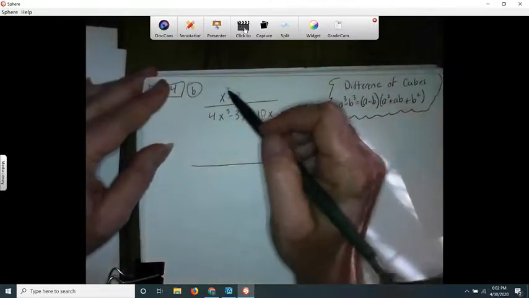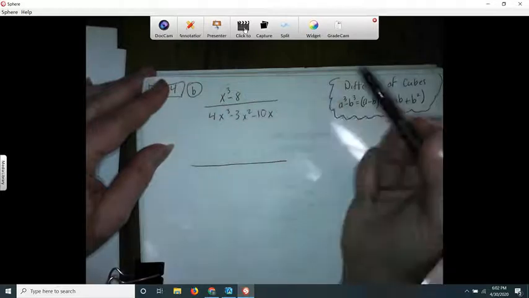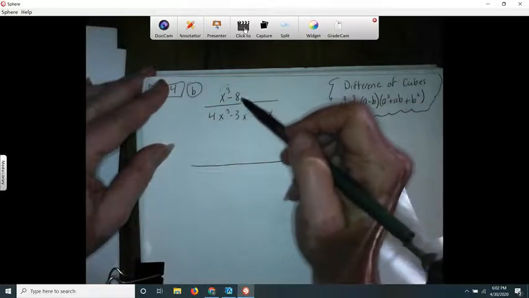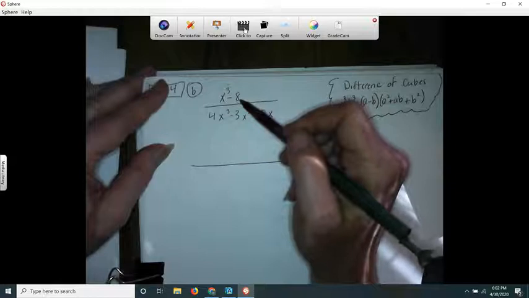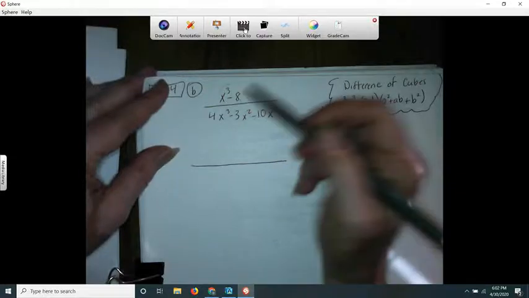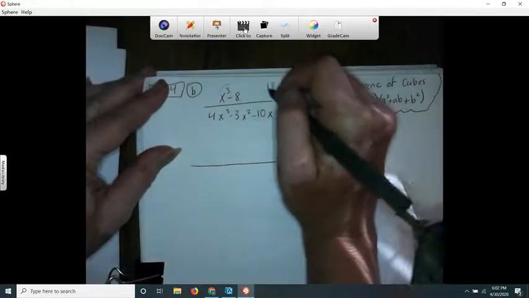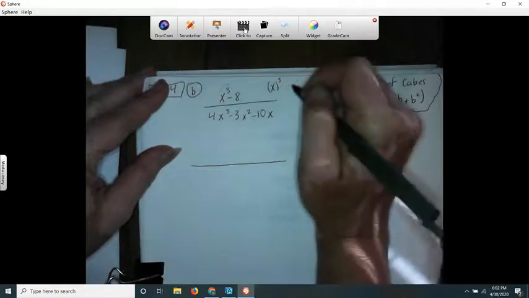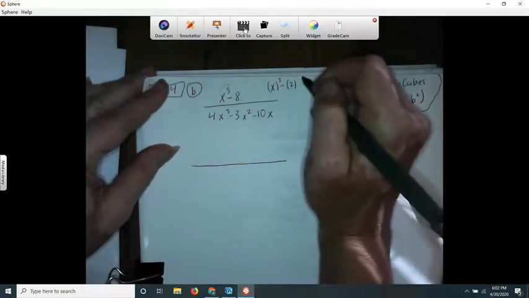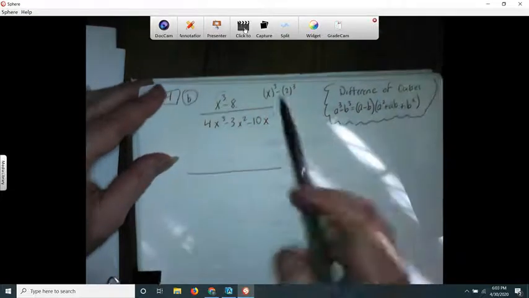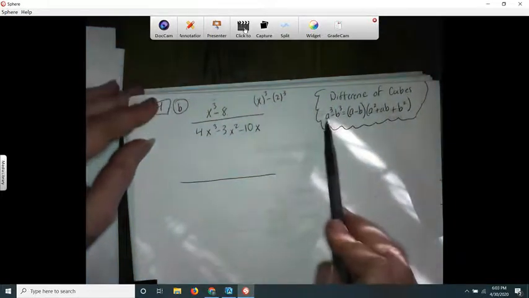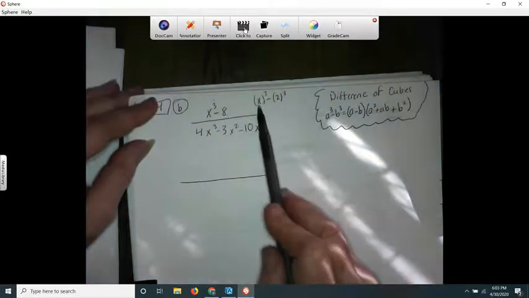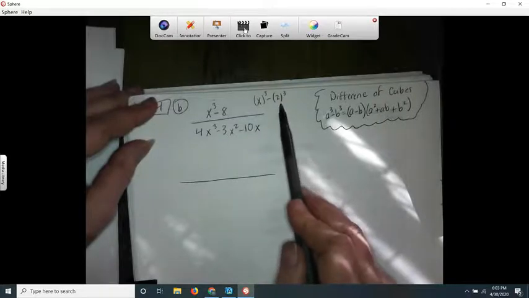It says if I have something that's a perfect cube and something else that's a perfect cube, because 8 is 2 cubed, so really I have x cubed minus 2 cubed. So I could say x is A and 2 is B.